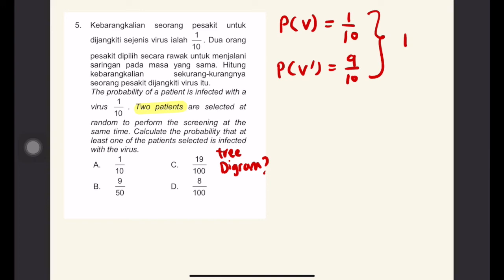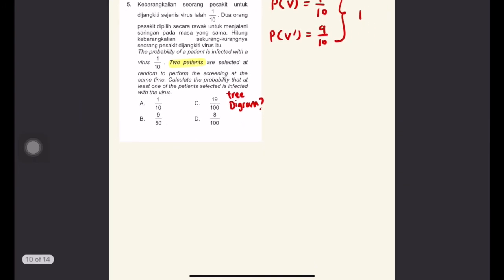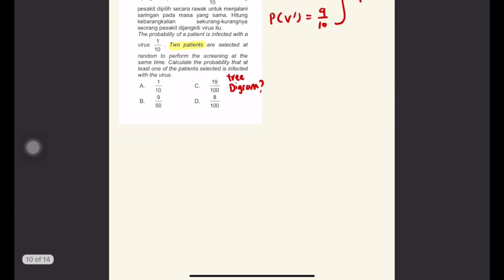Okay, so now let's draw our tree diagram. How does the tree diagram look like? This is the first patient. The first patient maybe infected with the virus, maybe not infected. We have 2 patients, right? So for the second patient, from this one we branch again. Maybe has the virus, maybe no virus. Branch again here too. So maybe has the virus, maybe no virus.